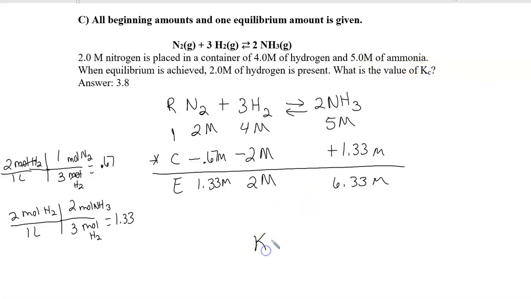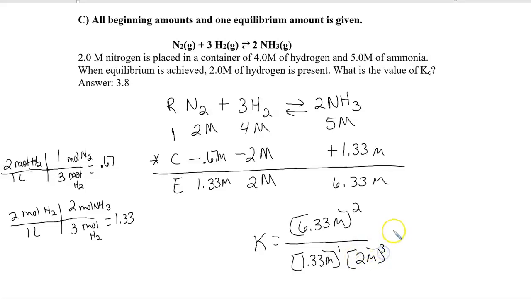So now our K is going to be our product number, so 6.33, and that is going to be squared divided by our reactants, 1.33, and that is going to be to the first. You don't have to write to the first. And to the third. And you should be getting a value of 3.8 if we did 2 sig digs on this one. 3.8.